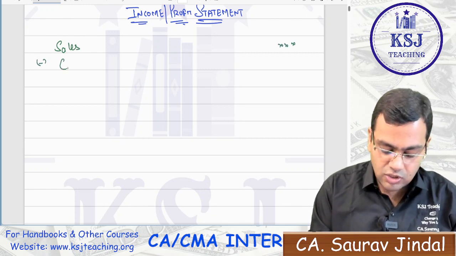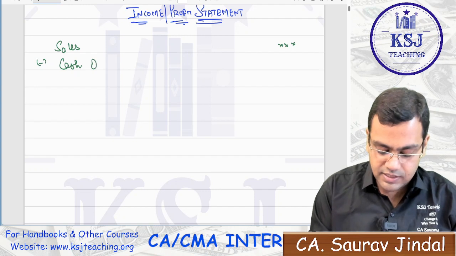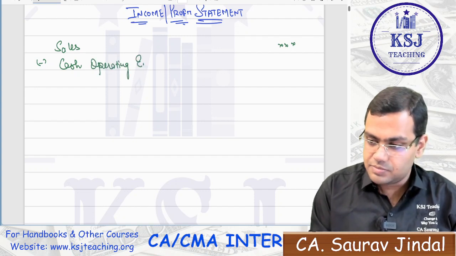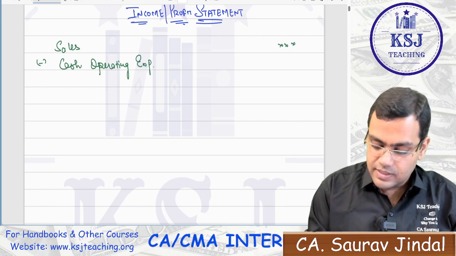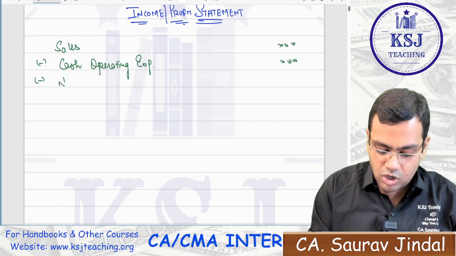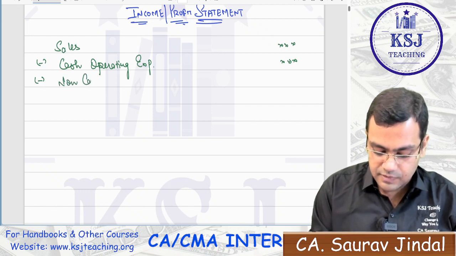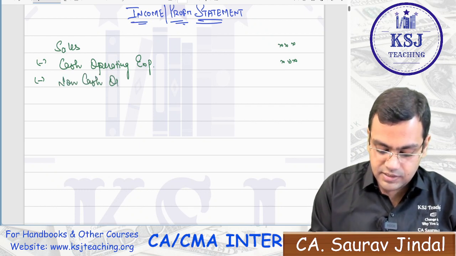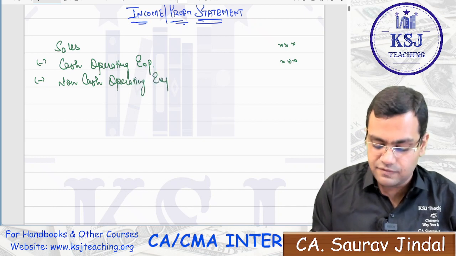minus cash operating expenses, minus non-cash operating expenses. Now, can you think of an example of this?